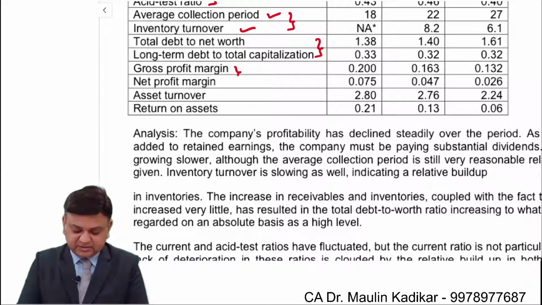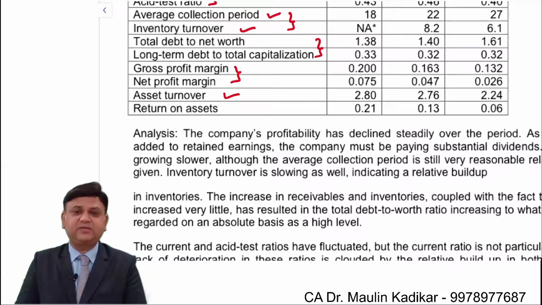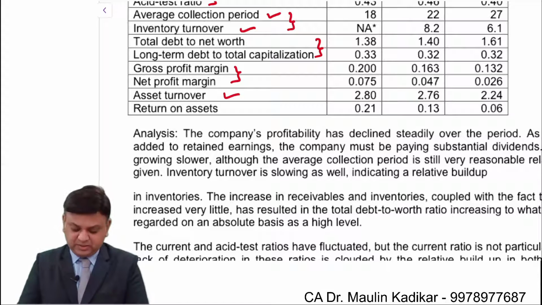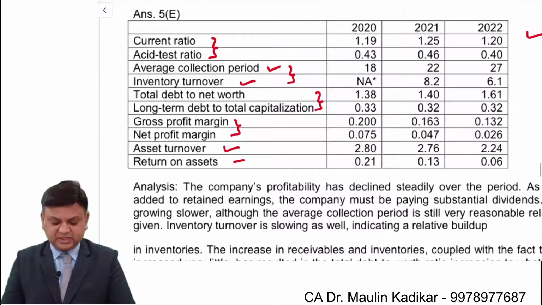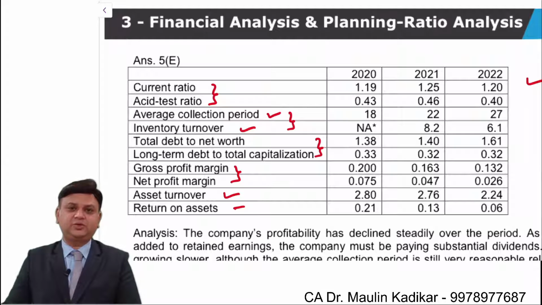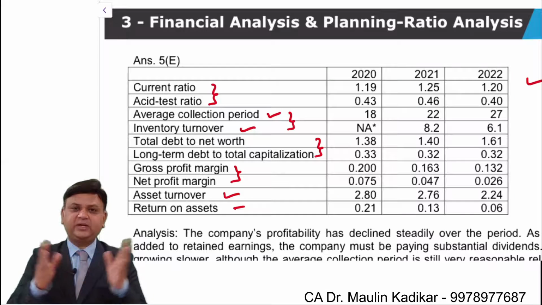Then this is a profitability ratio. Asset turnover is once again an activity ratio. Return on asset is once again a profitability ratio.